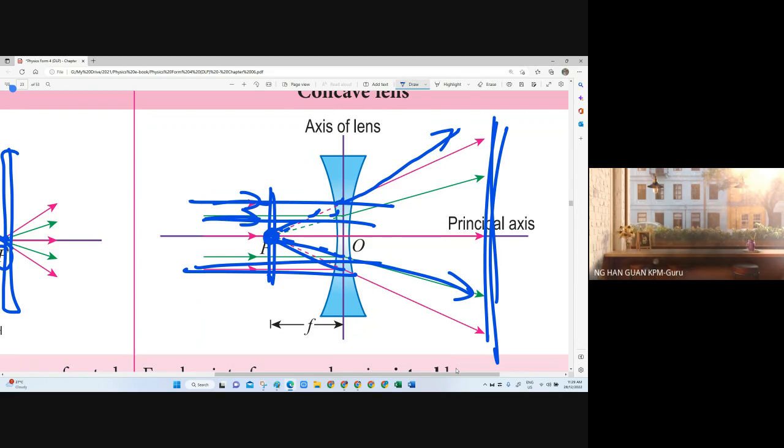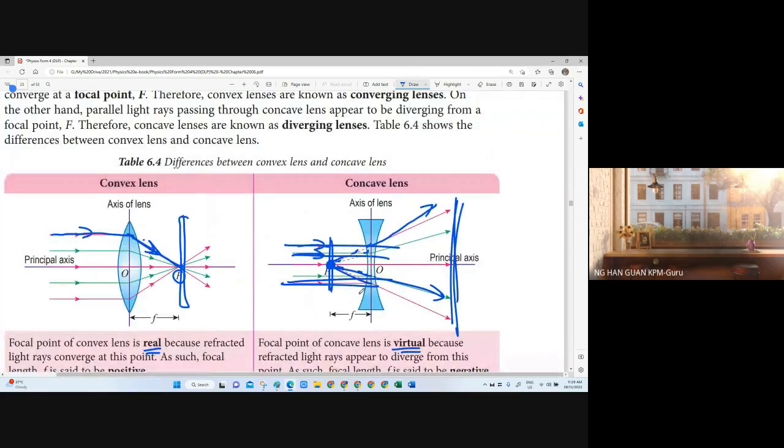We call it a virtual image, because we cannot project the image on any surface. At school, the LCD projector projects the image on the screen. That one we call a real image because there is light hitting the screen, projecting the image on the screen. Right. So that is how we understand real and virtual.